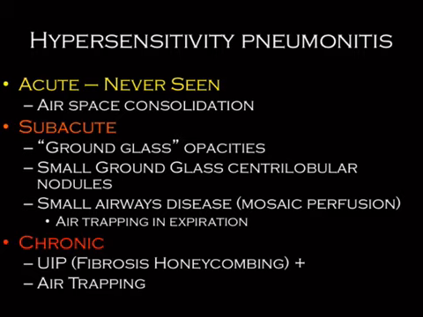And then you've got fibrosis and honeycombing. So after a long period of time of being inflamed, the lung eventually gets fibrosed. So UIP plus air trapping is chronic hypersensitivity pneumonitis. And subacute is the centrolobular ground glass nodules.